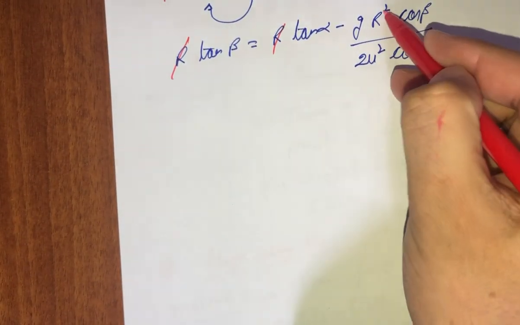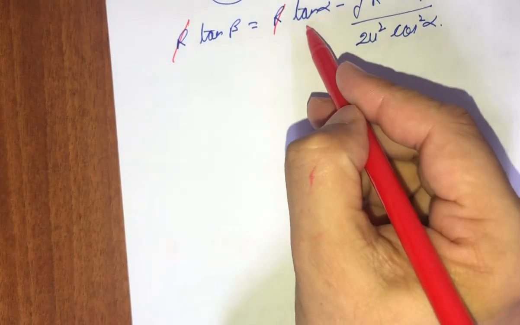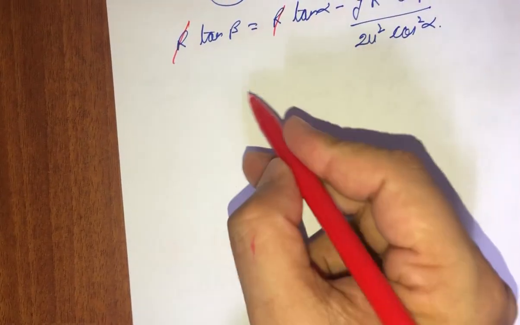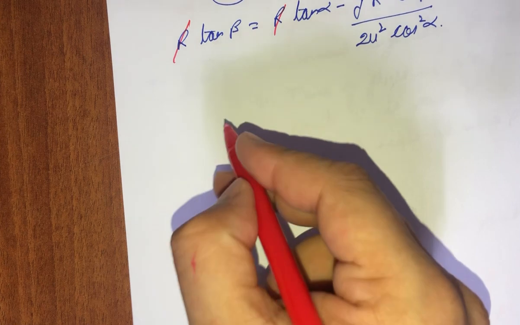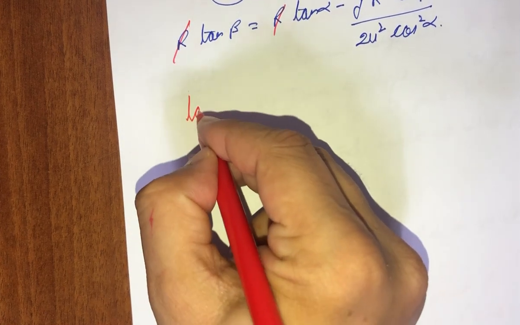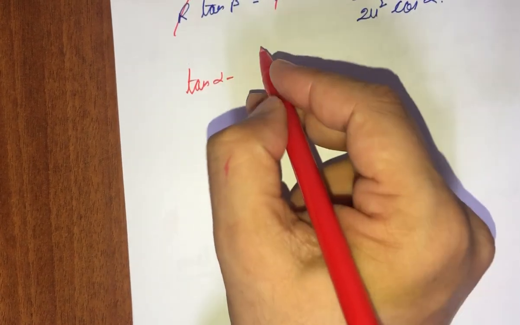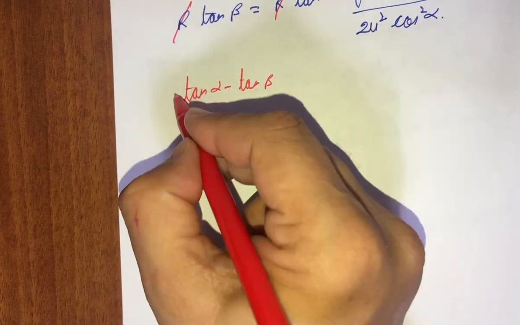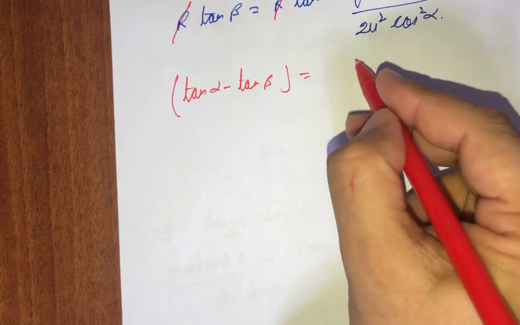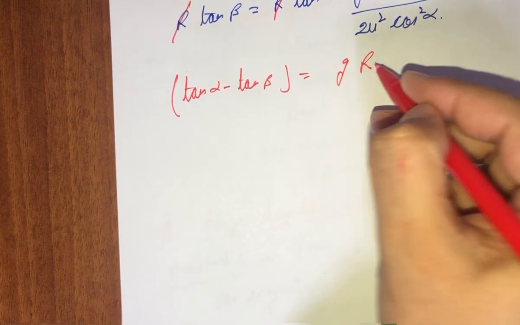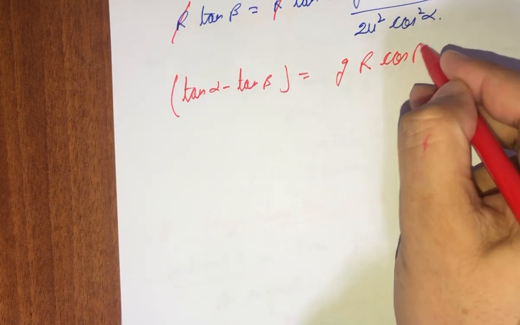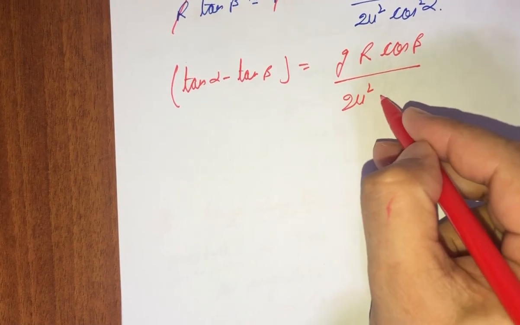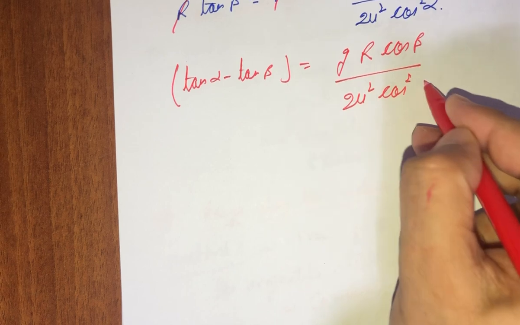R and this square cancel out. Now we bring this to the opposite side, so we get tangent alpha minus tangent beta equals g r cos beta divided by 2u square cos square alpha.